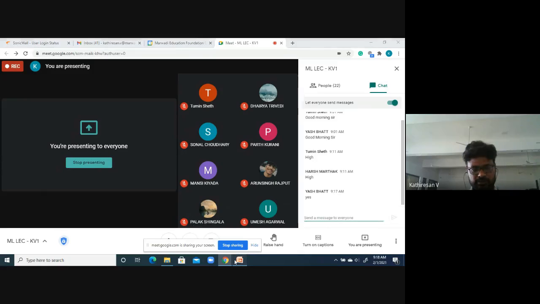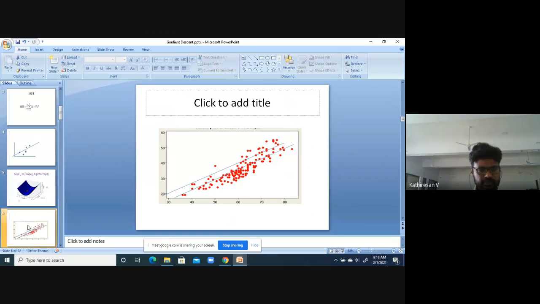Now just look into this diagram that we have already discussed. Here you can get high mean square error, and the MSE is getting reduced and reduced.